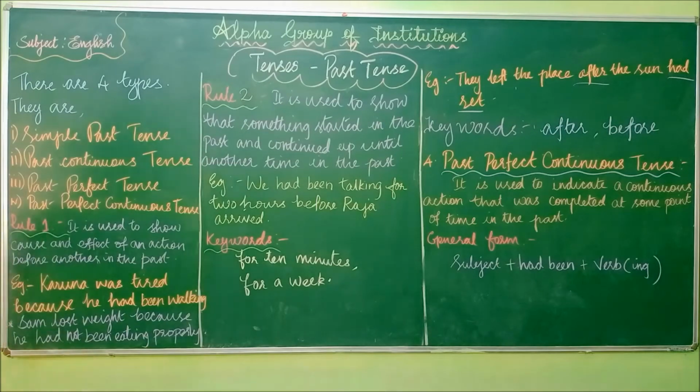Okay children, let's see the rules of past perfect continuous now. Rule number 1: it's used to show the cause and effect of an action before another action in the past. See the example. Karuna was tired because he had been walking. So the effect of walking.